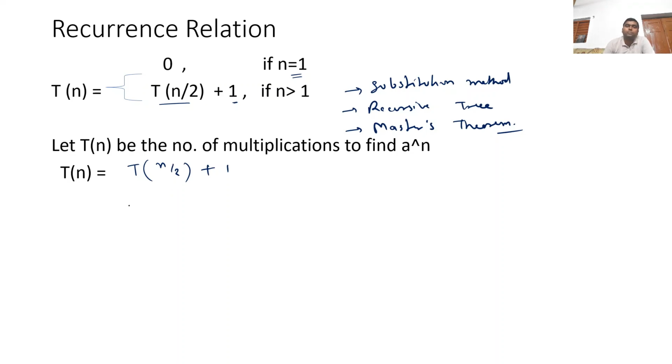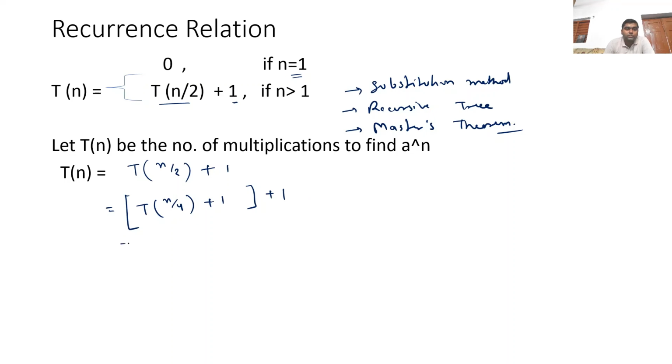So let us solve this by the substitution method. What is the strategy? T of n by 2: if you replace T of n by 2 here, what will be the answer? Placing n by 2 in place of n gives T of n by 4, plus 1 already there, and this.